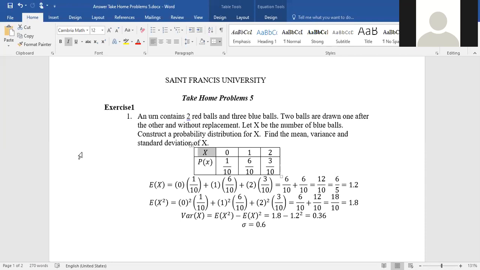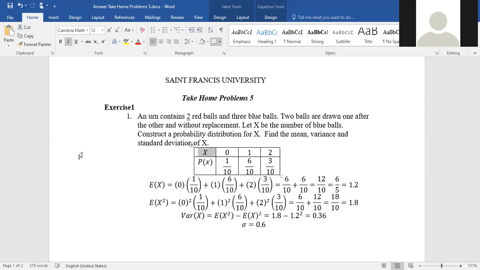Having these probabilities, we can see that the outcome with 0 blue is red, red, which has probability 1/10. Outcomes with exactly 1 blue are blue, red or red, blue, so we add 3/10 to 3/10 to get 6/10.